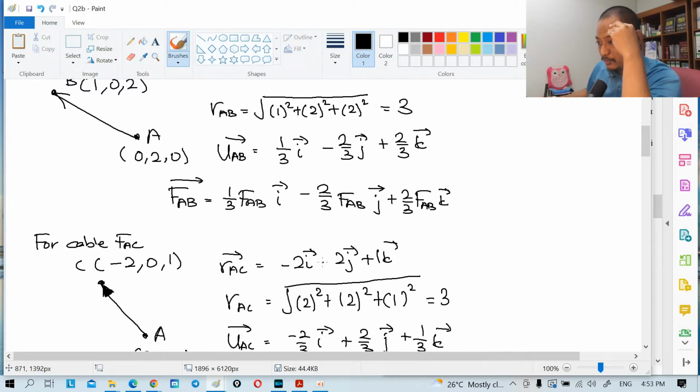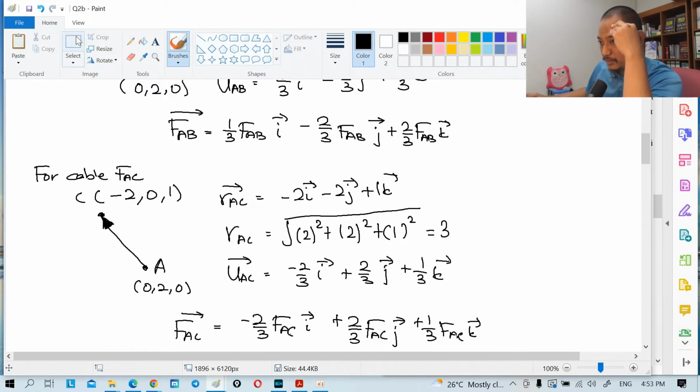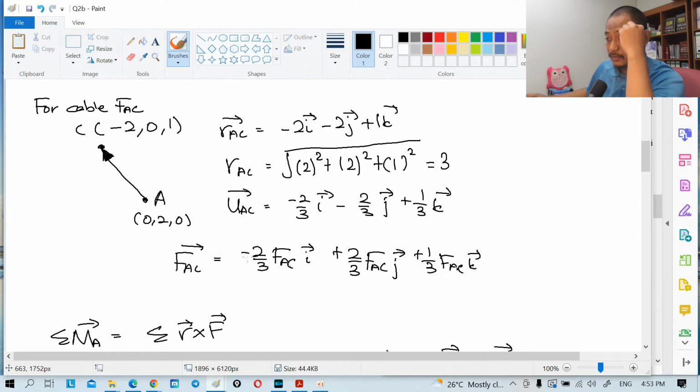This is negative 2, meaning that minus 2.